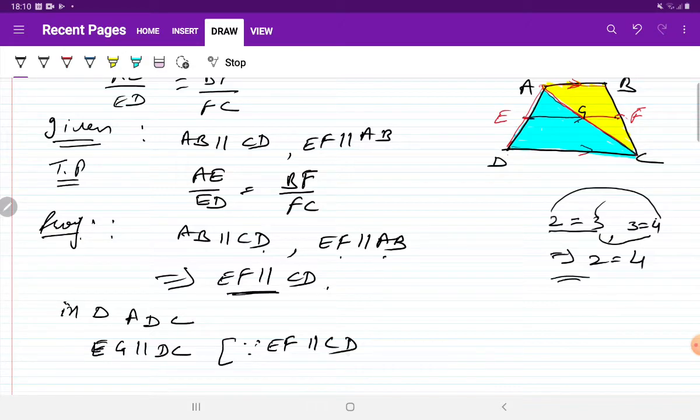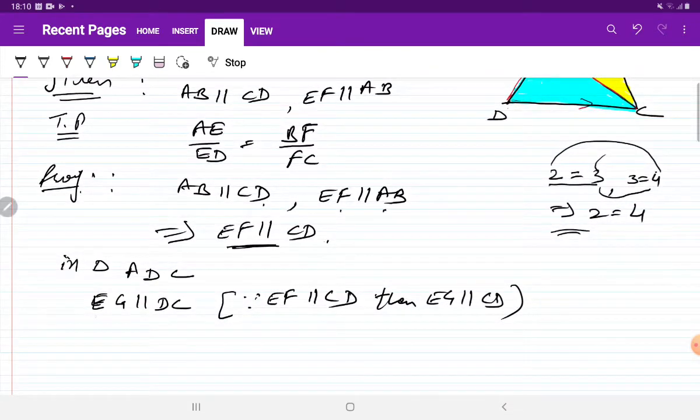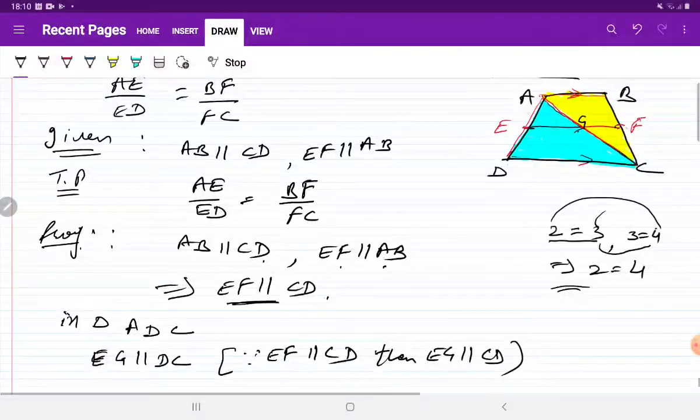If EF is parallel to CD, then EG will also be parallel to CD, because EG is a part of EF. So now EG is parallel to CD in triangle ADC.